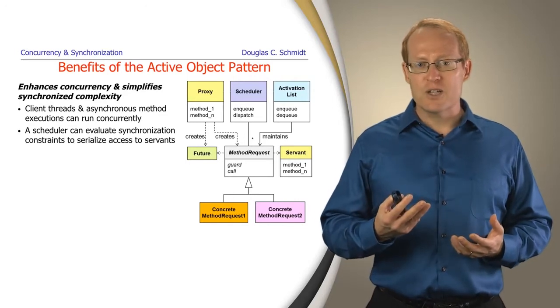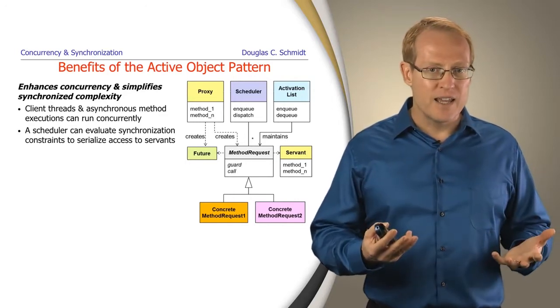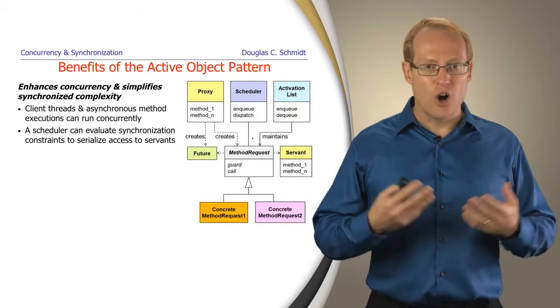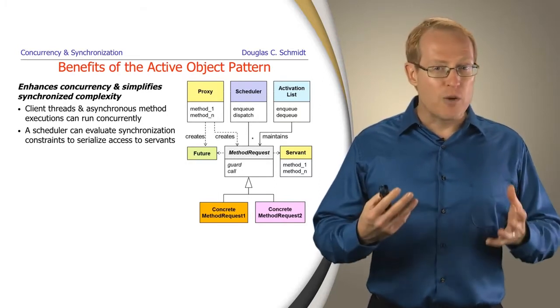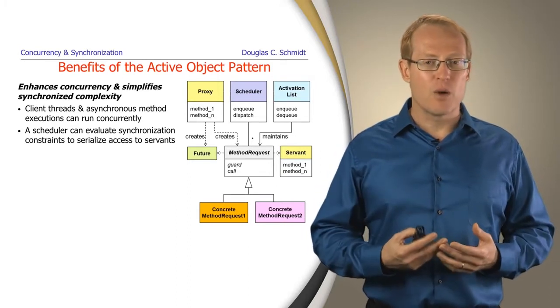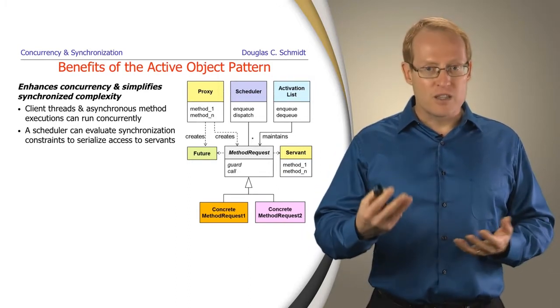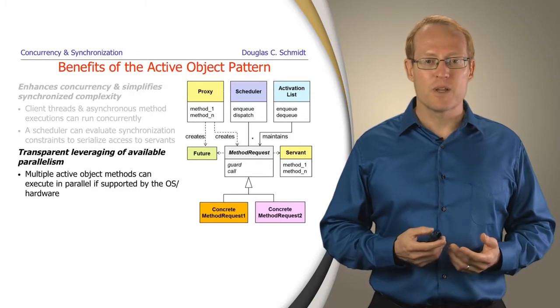You can also have a scheduler that can use various kinds of sophisticated constraint-based reasoning and guards and so on in order to determine the order in which to run these requests. We're not really doing that in our particular example here. We're doing things in a more FIFO order, but the complete pattern can be used more flexibly.